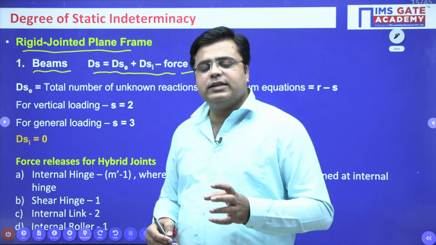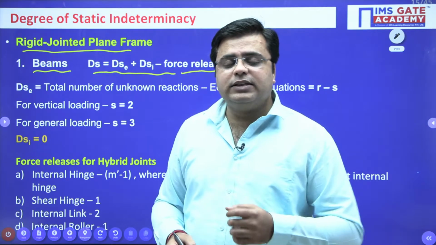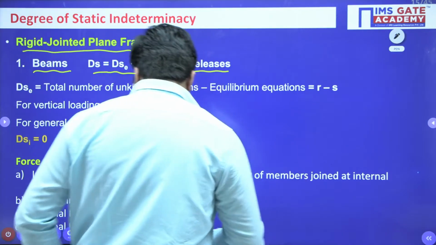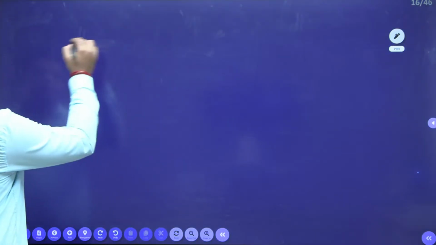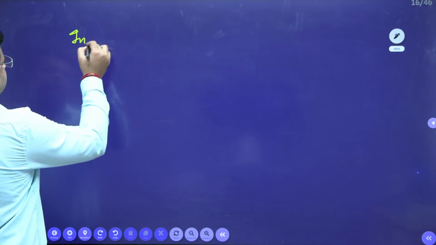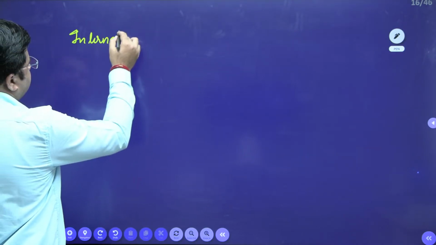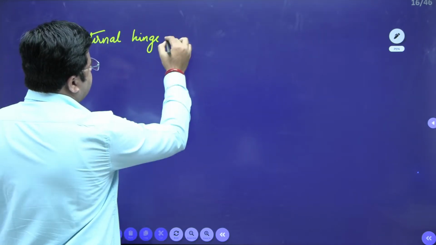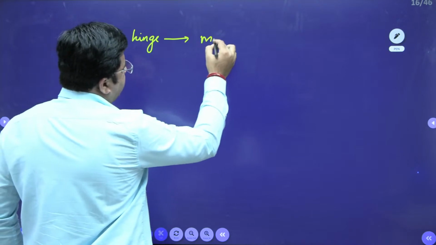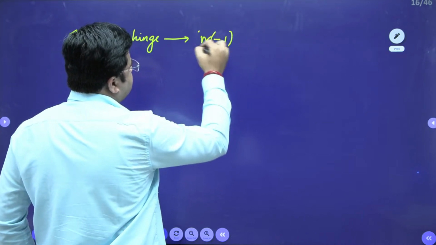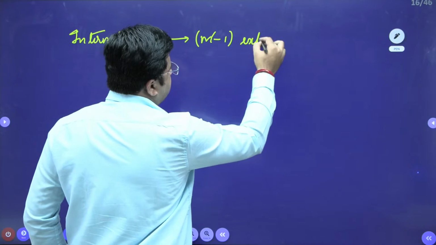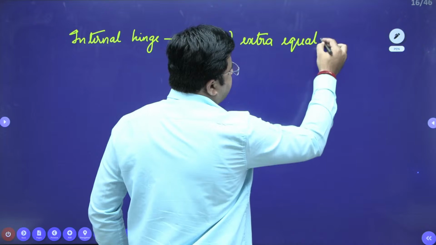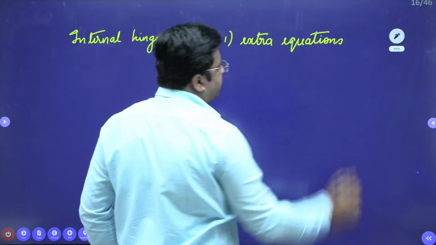These force releases are due to internal hinges, or they can be due to links. So, when we talk about an internal hinge, it gives us m dash minus 1 extra equations to solve a particular structure.